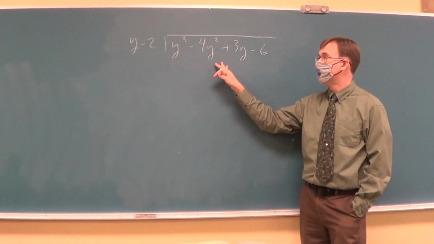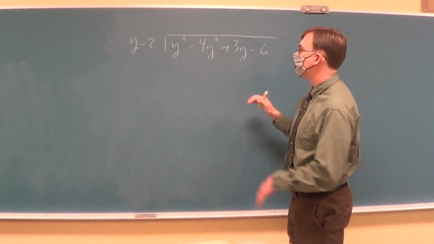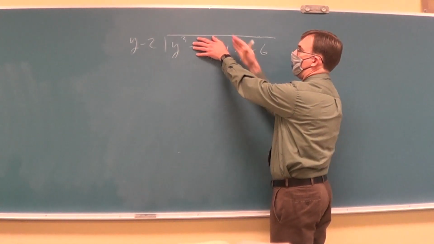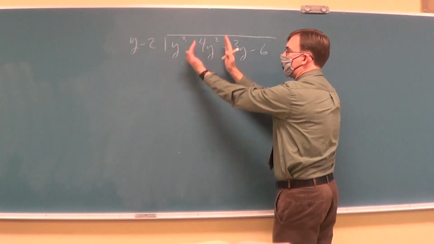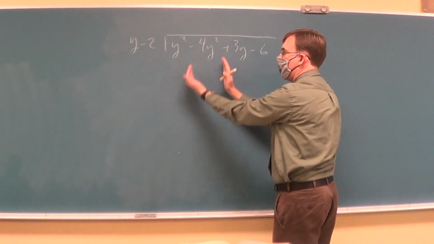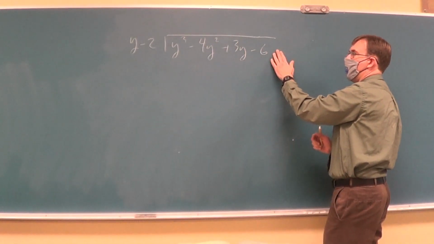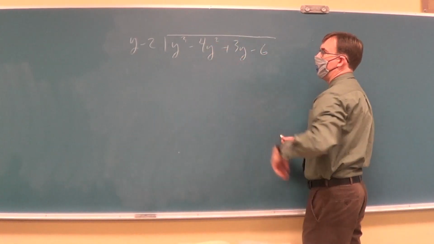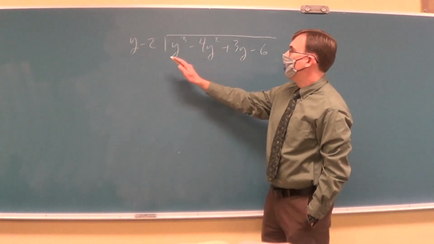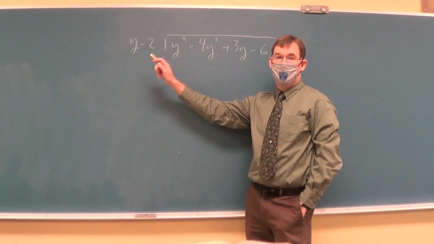Leave a space. If this didn't have any y squareds in the problem, I'd still have a vertical space where all my y squareds could fit. So if they don't go 3, 2, 1 in order, leave a space where they skip somebody. When you go to divide, who do you look at?